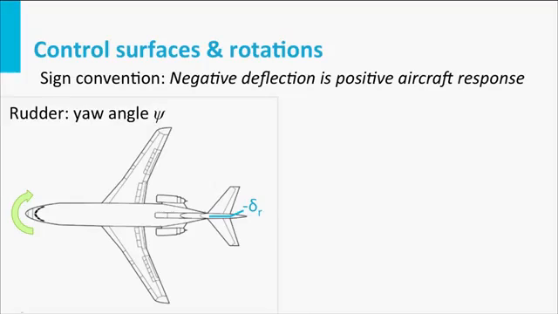And that's sort of standard for the sign convention of these control surfaces. A negative extension results in a positive angle response. So the yawing angle, we use the symbol psi for it, is controlled with the rudder, which we call delta R.